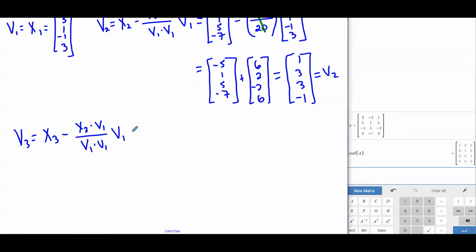So there's one projection, and then we'll subtract the other, x3 dot v2 over v2 dotted with itself times vector v2. So this is going to ensure orthogonality with both v1 and v2. And if you had a fourth vector, you would have 3 of these and so forth, right? So this can get really messy if you have a lot of vectors that you have to deal with. But here, we only have 3. It's not terrible.